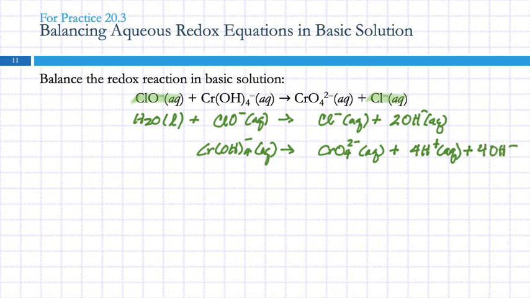And if I do that on one side, I need to do it on the other side so it's still balanced. And then I can say to myself, well, 4 hydrogen ions and 4 hydroxide ions, those are going to neutralize each other and become 4 water molecules.